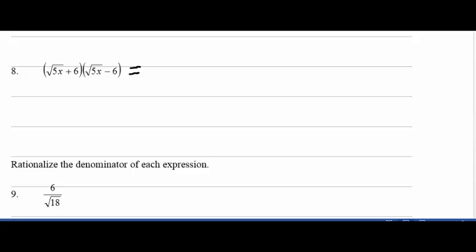So you may remember that whenever we have a plus b times a minus b, we always get a squared minus b squared.